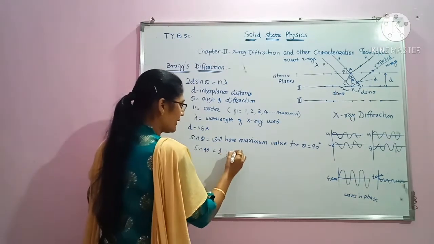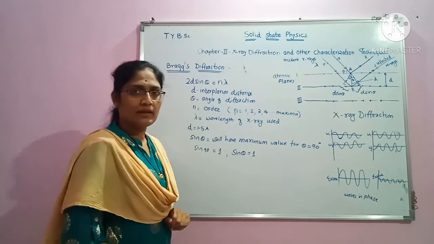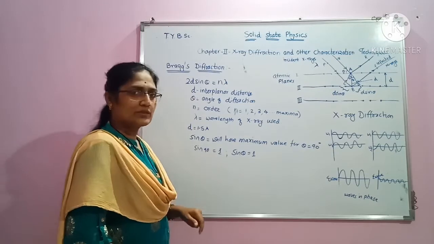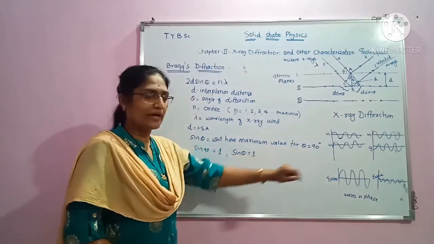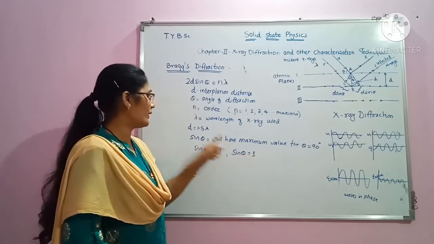So the condition for maxima: sin theta has its maximum value at theta equal to 90, that is sin theta is equal to 1.